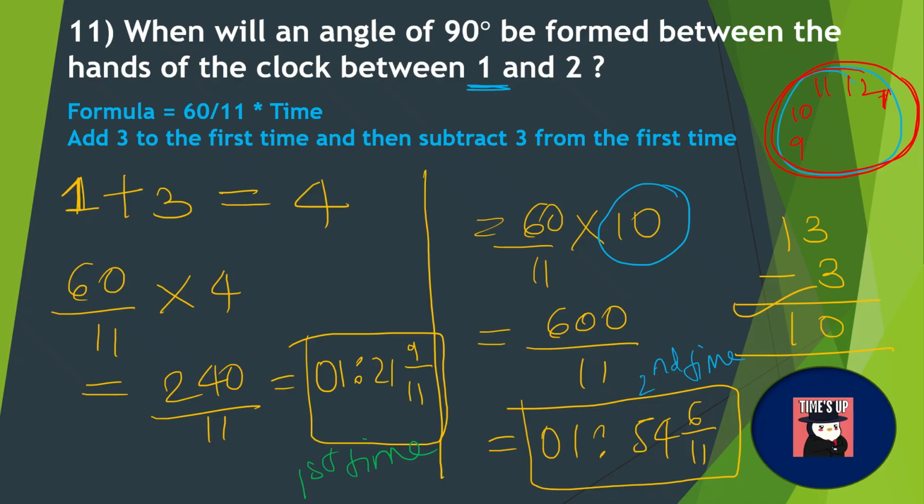Correct? 1 is here. 1 to 12 will be minus 1, 12 to 11 will be minus 2, 11 to 10 will be minus 3. So that's why 10 you need to substitute. Understanding? The other alternative can be 1 means 13, correct? So 13 minus 3 will also give you 10. Okay?